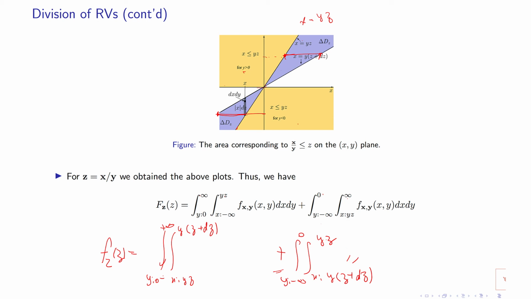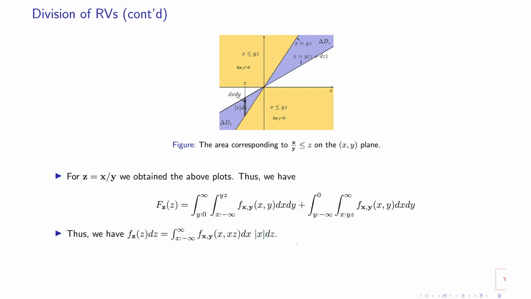Now you could say, if this dz is very small, close to 0, then what will happen? The two terms you could simplify, approximate, and obtain this one. So this is a general rule to find the PDF of the division. Obviously, you see that dz simplifies and is eliminated from here.